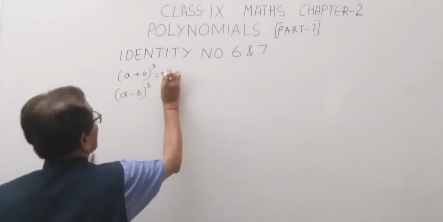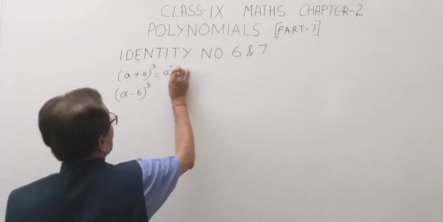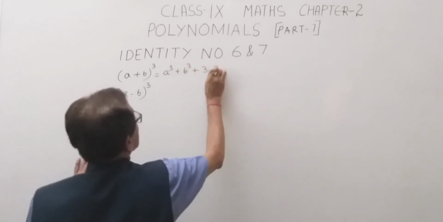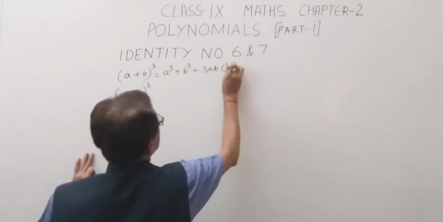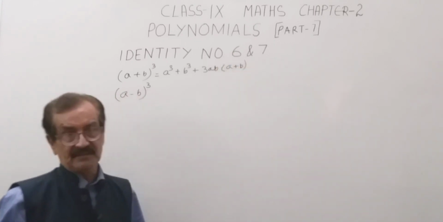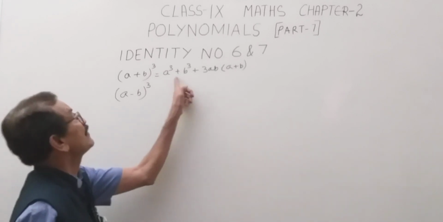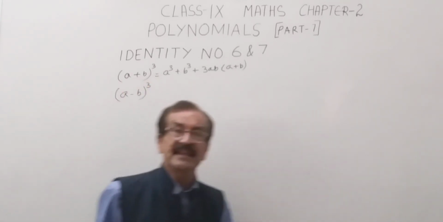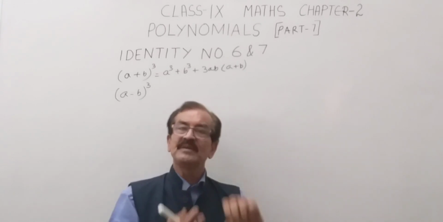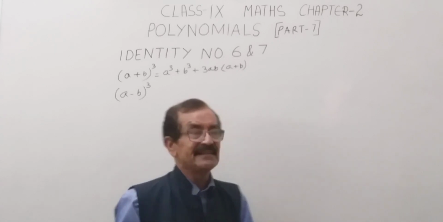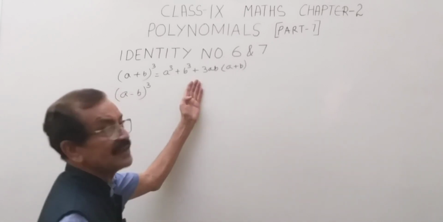Then I can write this as a cube plus b cube plus 3ab bracket a plus b. Like I have shown you in the previous identity, you can reach this identity by actually multiplying (a plus b) into (a plus b) into (a plus b). But since we know the identity, we can come right to the answer.